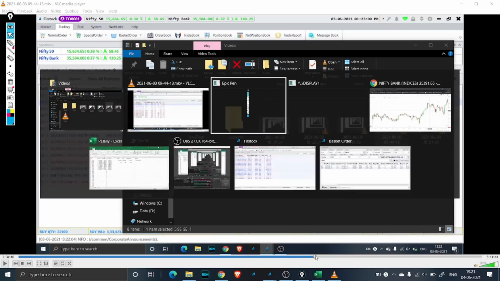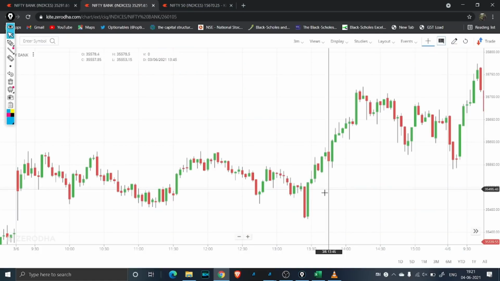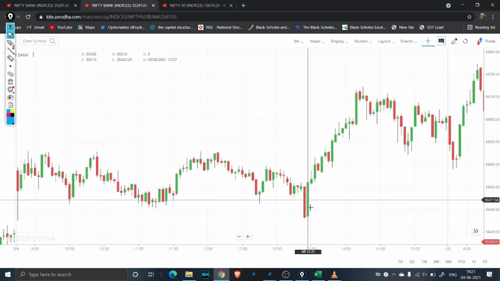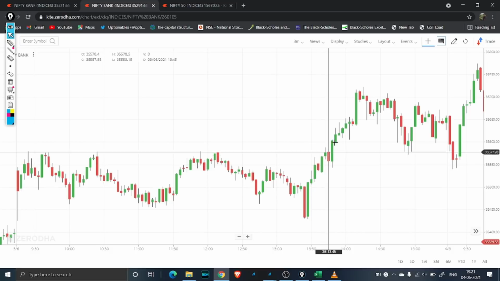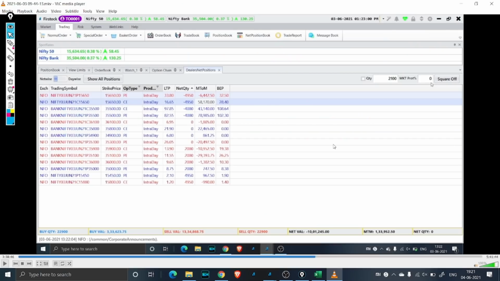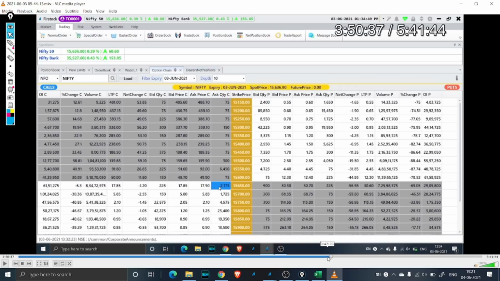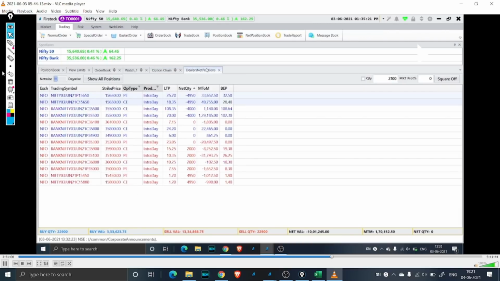As we approach the time right before this big move, where it started around 1:45, I'll show you. By 1:45 we were at a profit of somewhere close to 1,70,000. From here, as the market starts to shoot up, we start to drop.